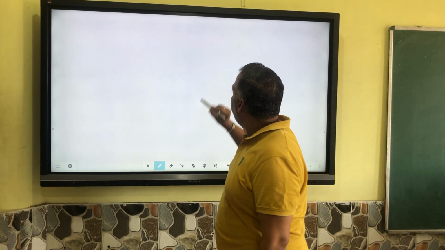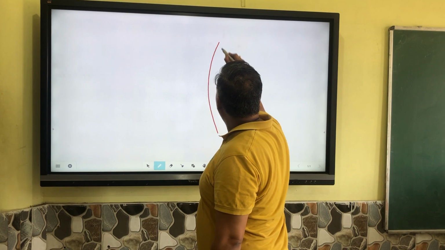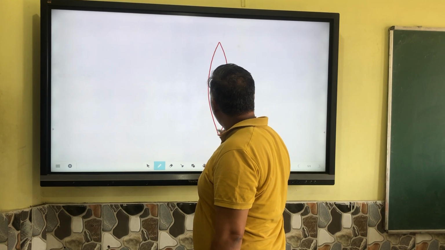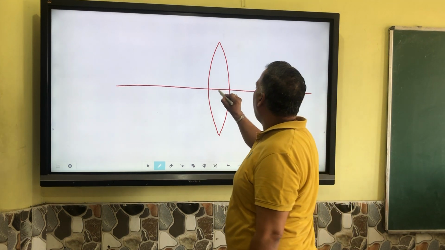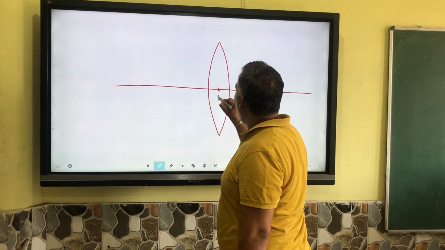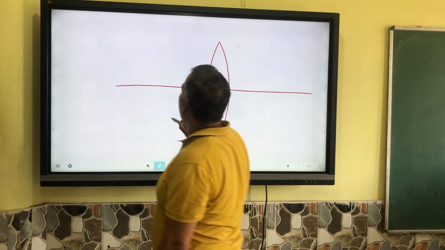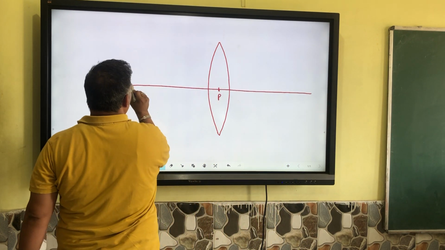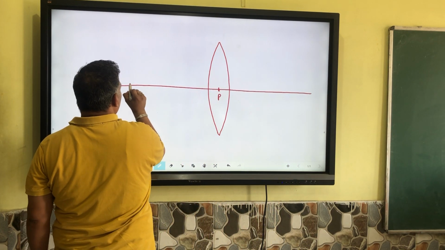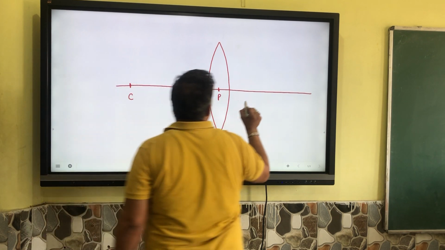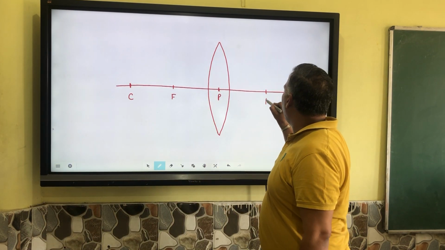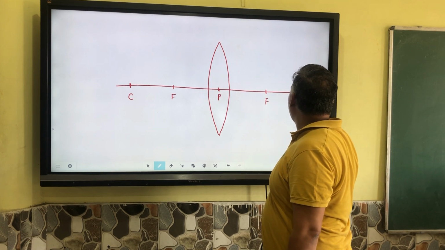If I take this lens, this is biconvex, and this is the principal axis passing through the pole, or you can say the optical center. This is the center of curvature, this is the focal length, and on this side this is the focal length, and this is the center of curvature.